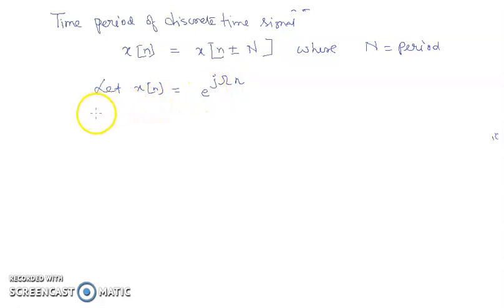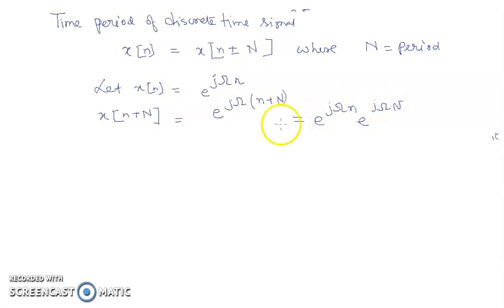Now if you write x[n + N], then what happens? It is e^(jω(n+N)). We can write this as e^(jωn) times e^(jωN), where e^(jωn) is the original signal, so it is nothing but x[n].